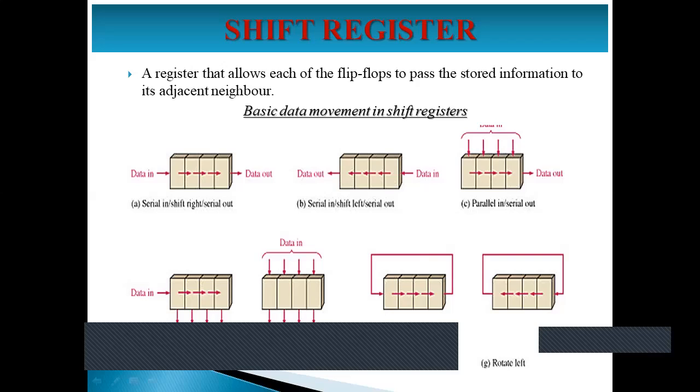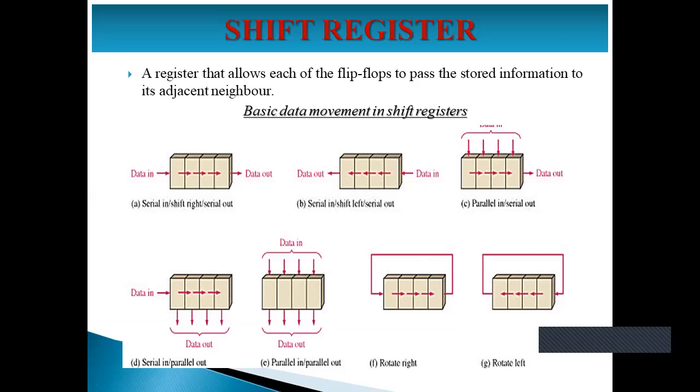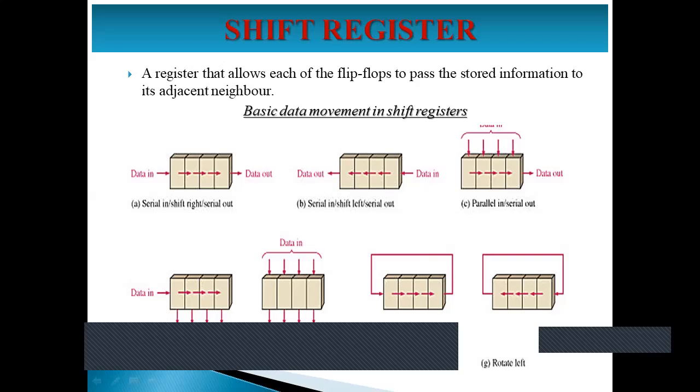You can see there is a rotation here. The last data is once again given to the first flip-flop. So the last flip-flop output is once again given to the first flip-flop as input. Okay. So this is called rotation. So you are rotating the data anti-clockwise, right side. That is why it is called rotate right.